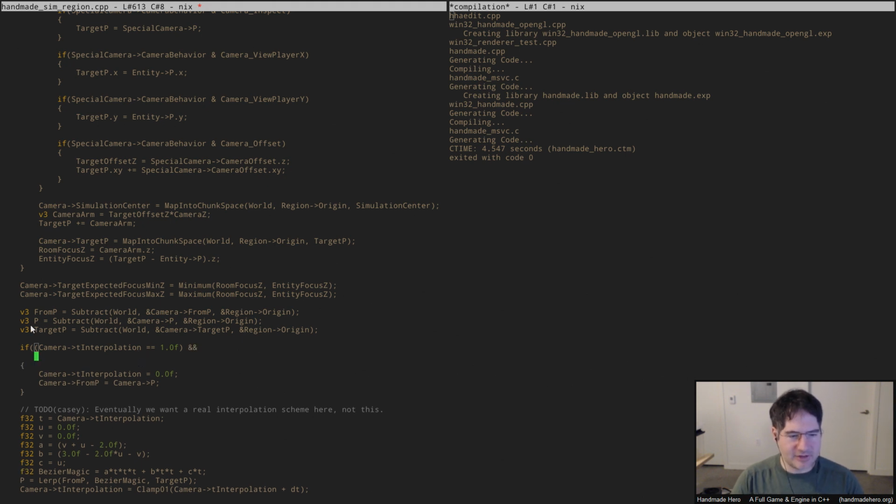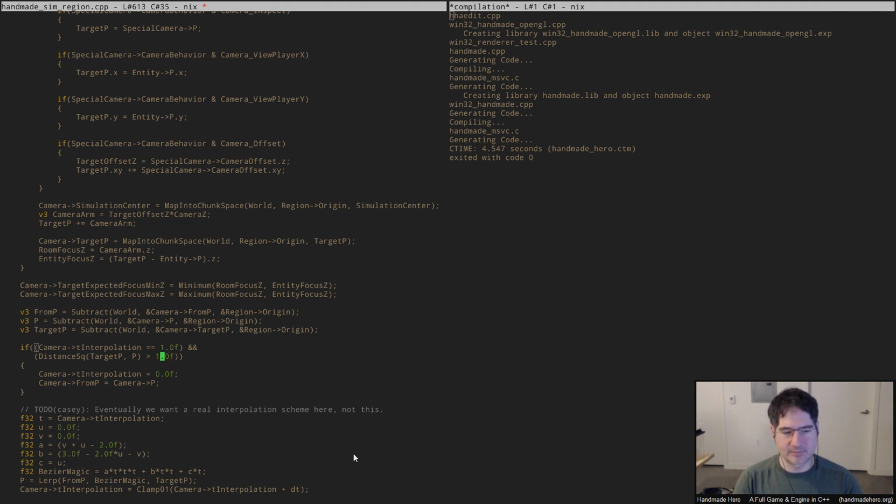And the length of the difference between these two vectors happens to be larger than whatever our maximum is. So like distance squared, something like that, from target P. So if the distance is greater than some amount that we consider to be a large movement, like a meter, then we restart our interpolation.